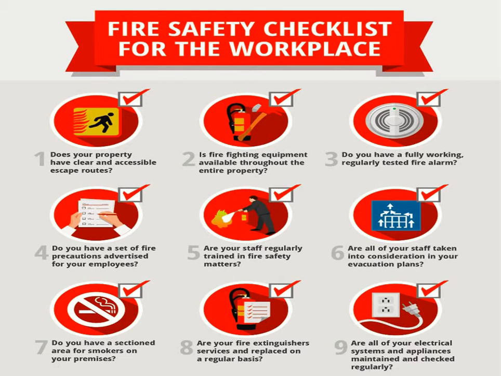So these are the fire safety checklists for the workplace, and they vary from industry to industry, because each industry has separate layouts and escape paths depending on floor area and shop floor plan. They can use different fire safety checklists.